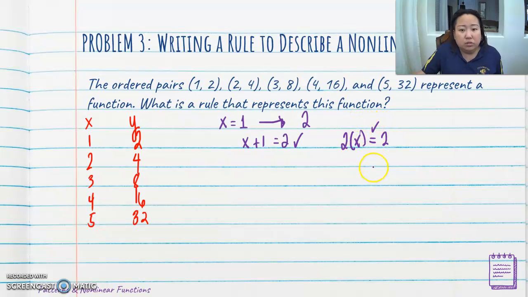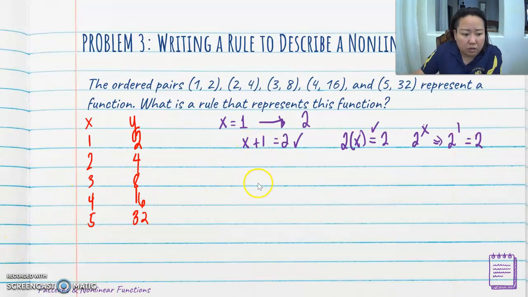We can also use exponents, so 2 raised to x. 2 raised to the first power is going to be equal to 2.